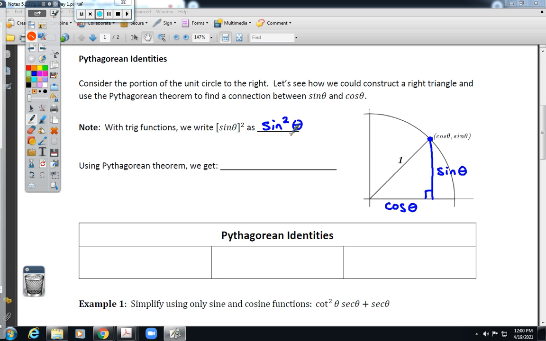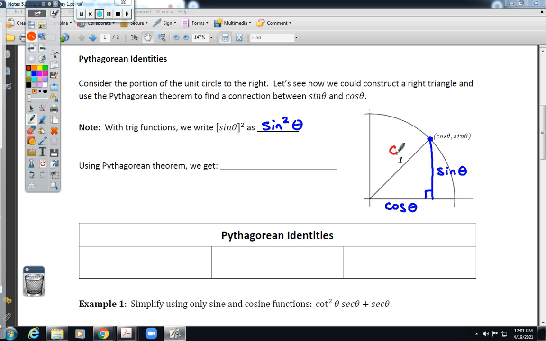So, Pythagorean theorem on that right triangle in that picture. Which one of those three numbers, sine, cosine, or 1, is the hypotenuse? 1. So your c value for the Pythagorean theorem would be 1. And your a and your b are interchangeable. They stand for the legs.